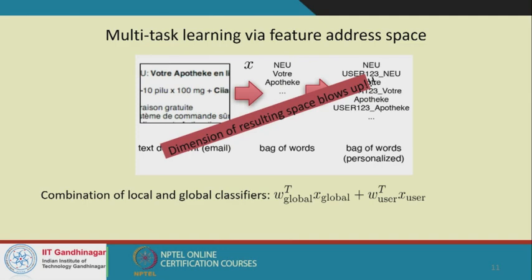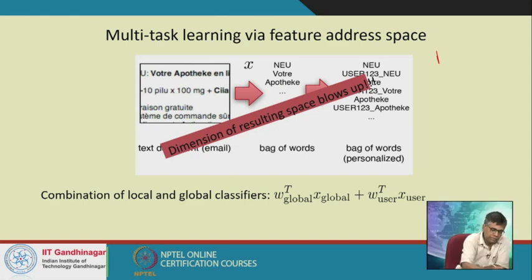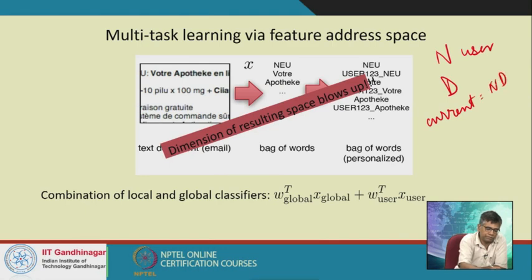An obvious bad thing about it is that the size of the resulting dimension space has blown up a lot, because if I have n users, and d was the size of my initial dictionary, my current set of dimensions is n times d. I'm multiplying the size of the possible dictionary by the number of users.